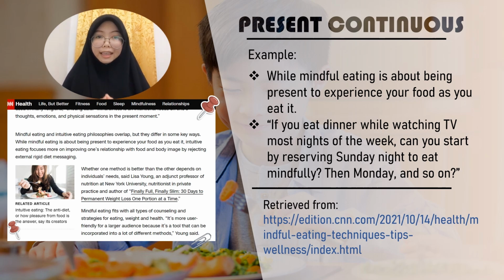"If you eat dinner while watching TV most nights of the week, can you start by reserving Sunday nights to eat mindfully?" Well, they use "you" in the sentence as the subject, while the verb they use is "watching." Okay, now you can combine all of them with the formula. It will be "you are watching." Now, do you get it? That's how they use present continuous tense.